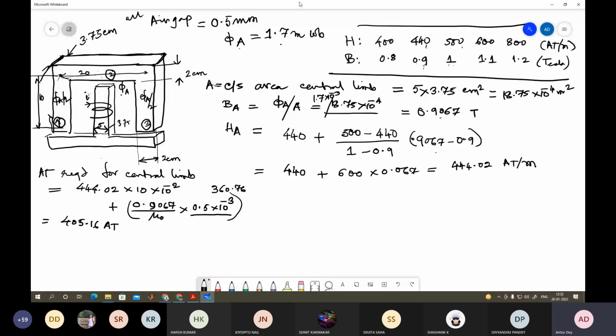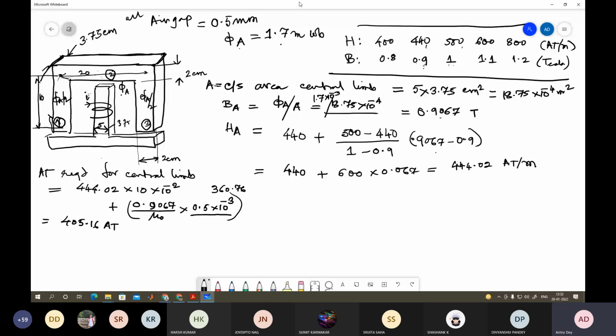So that H is equal to, it is more than 1.1. So we'll write 600 first. Then it is 800 minus 600 divided by 1.2 minus 1.1, then into 0.033. So that delta change is supposed to be 606.6 ampere turn per meter.